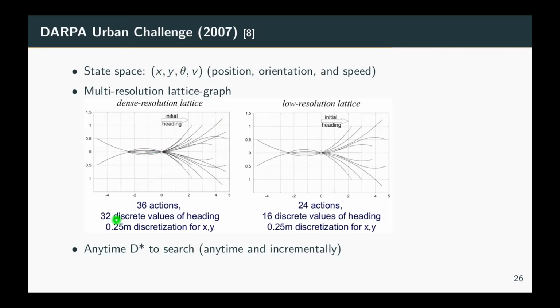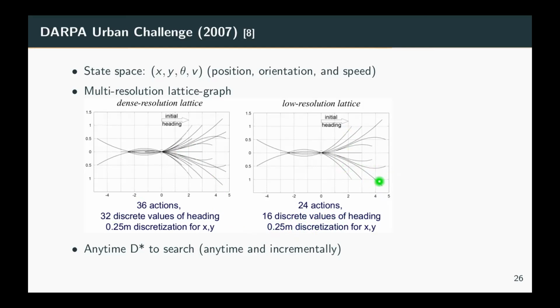So instead, they had the idea of doing a hierarchical abstraction where they combine it with a low resolution lattice. The low resolution has the same kind of discretization in X and Y space, but it uses fewer potential headings and potentially also fewer speed settings.